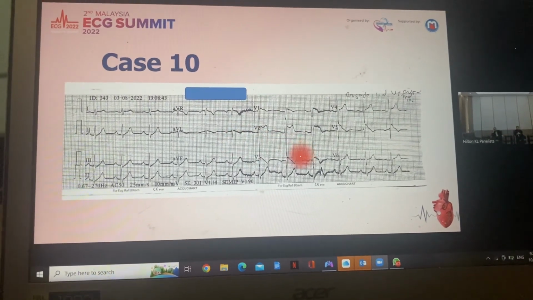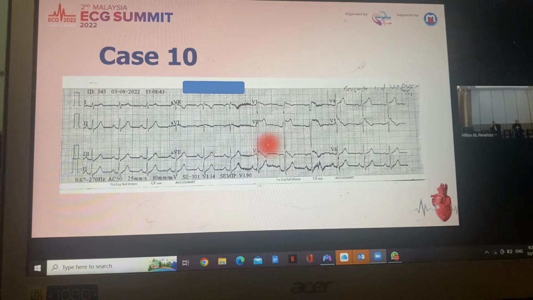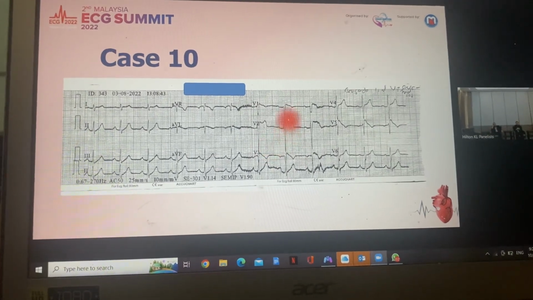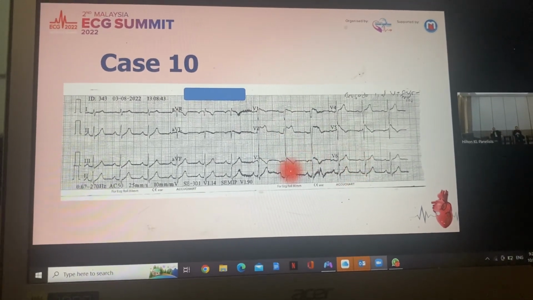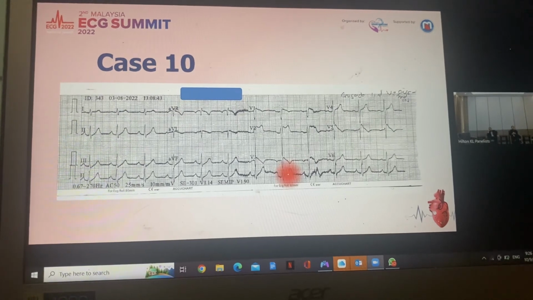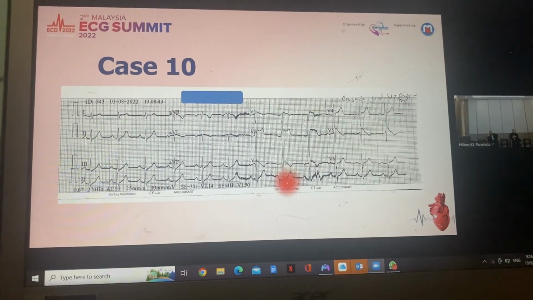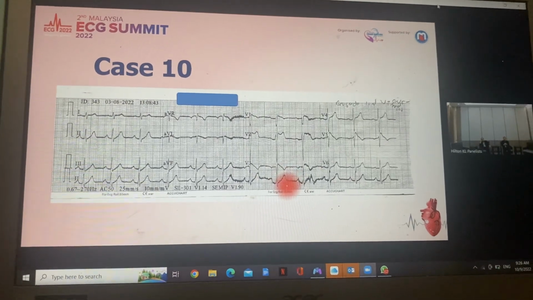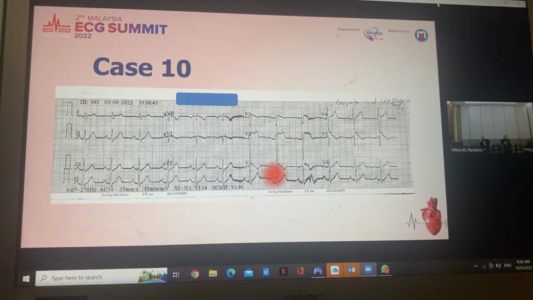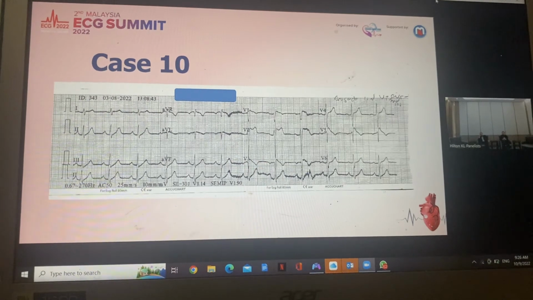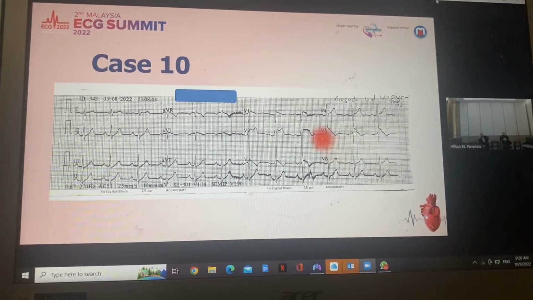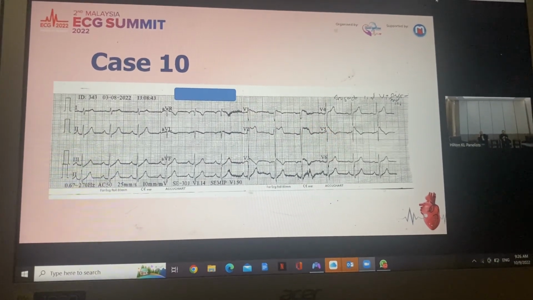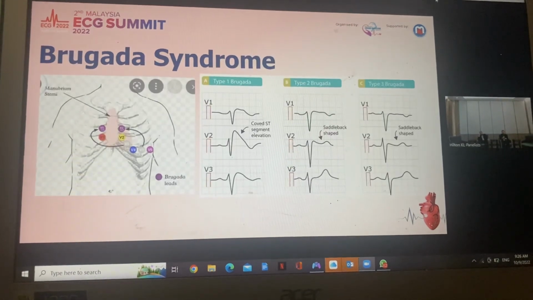As demonstrated here, I will show you what I mean by Brugada lead ECG. Rather than V3 being between V2 and V4, V3 is put at the second intercostal space above V1, on the right side. And V5 is put at the second intercostal space on the left side, above V2.